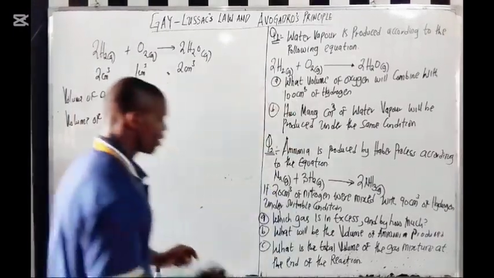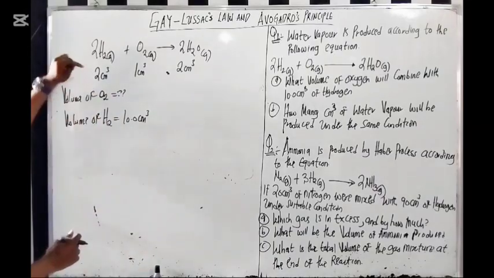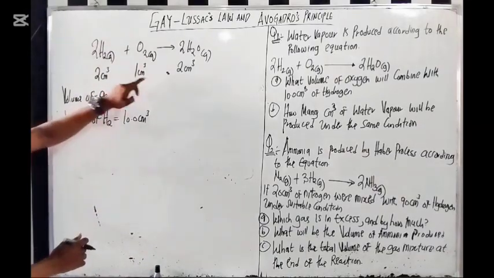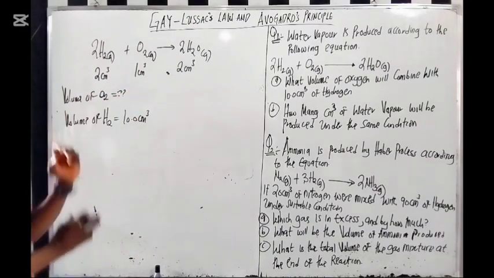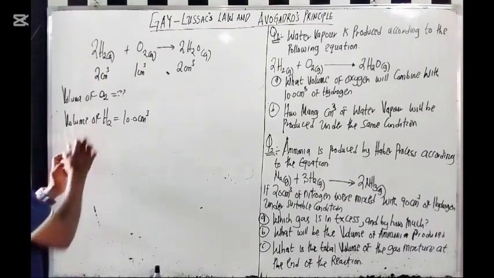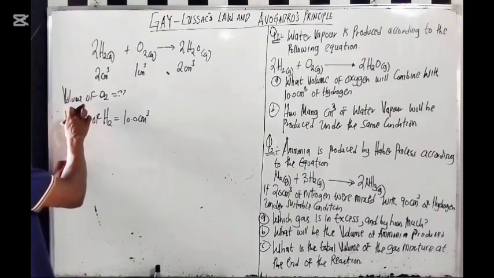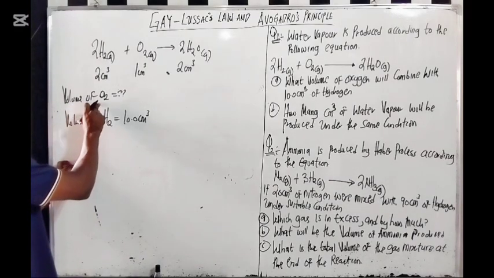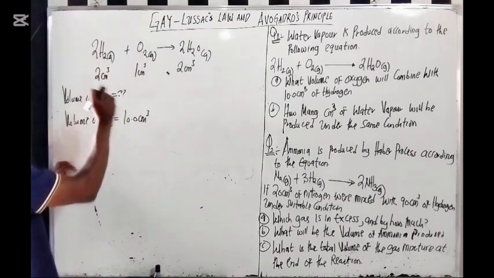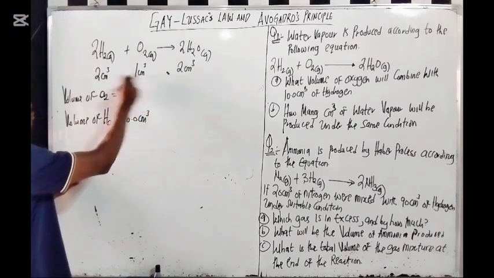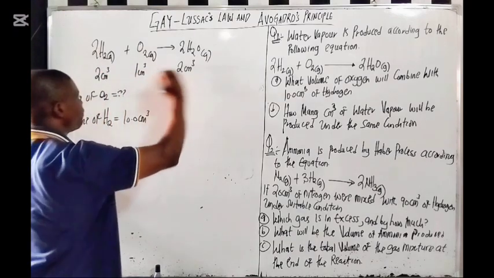Please check it very well: 2 cm³ of this guy here reacts with 1 cm³ of this guy. Do you understand? Our main focus now is to calculate the volume of O2 that reacts with this guy here, right? And the only way we can do that is from this balanced volume, right?